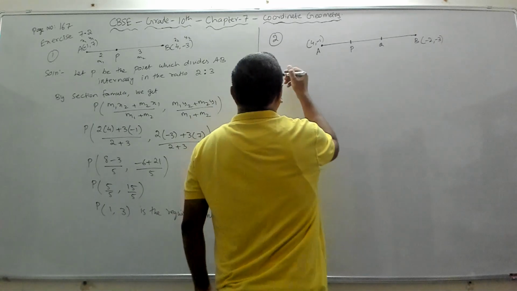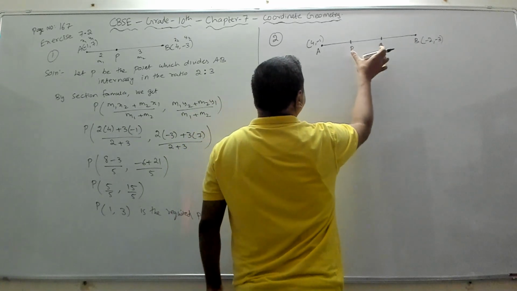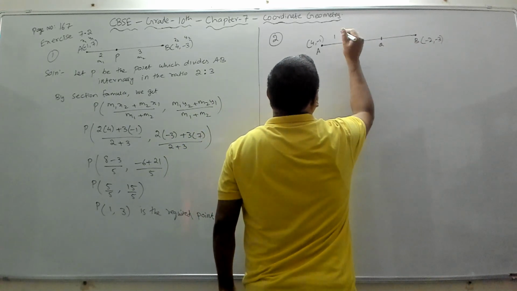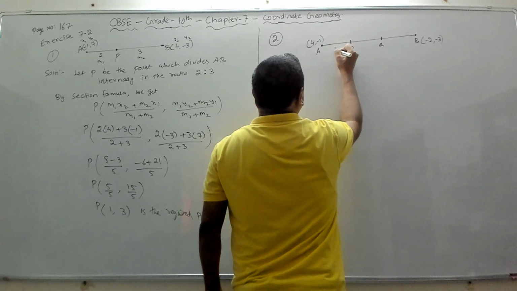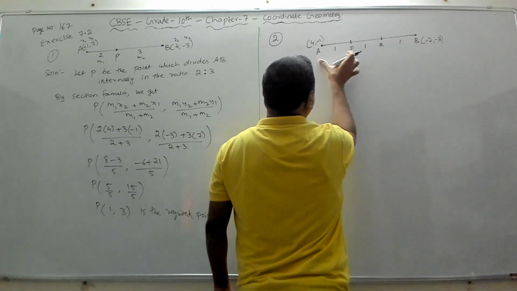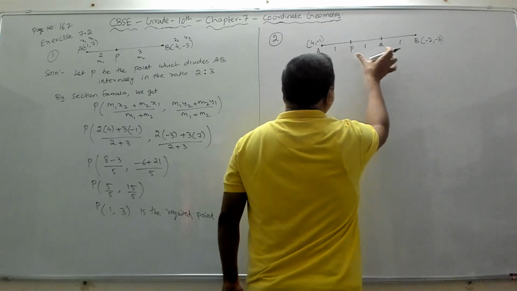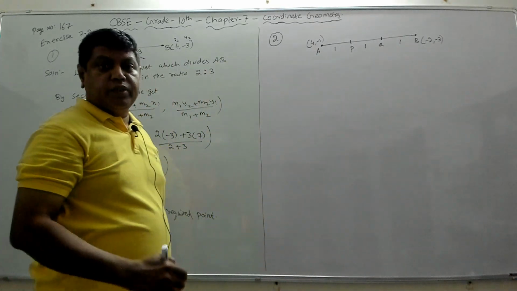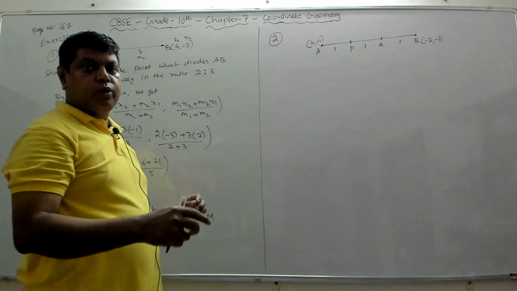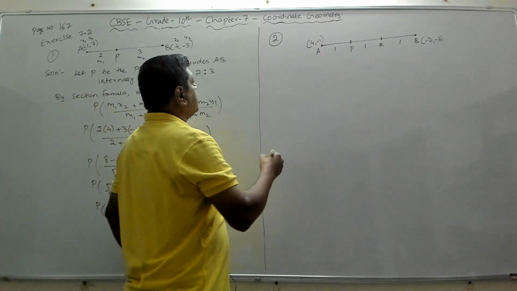Now AP, PQ, QB are all 1, 1, 1, so we take the ratio 1:1:1, because all the 3 are equal. Because it's trisection. Trisection means dividing into 3 equal pieces. So we'll say solution.